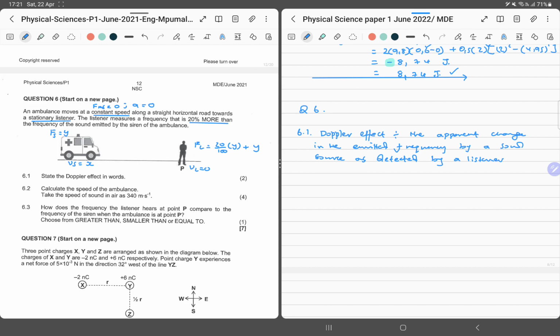Okay, so it is the apparent change in the emitted sound frequency, or in the emitted frequency of sound.